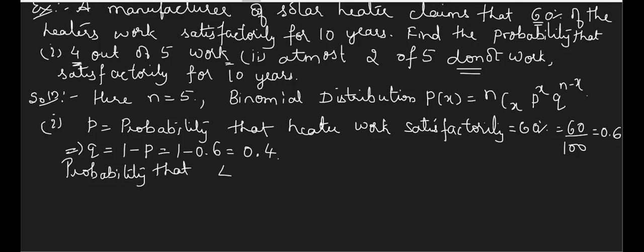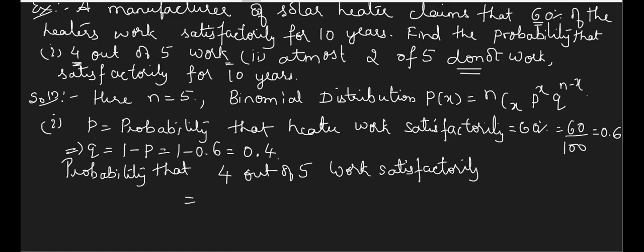It is exactly 4 out of 5. So the probability that 4 out of 5 heaters work satisfactorily is, this is exactly, so x is equal to 4. That's all. We don't want any other values.